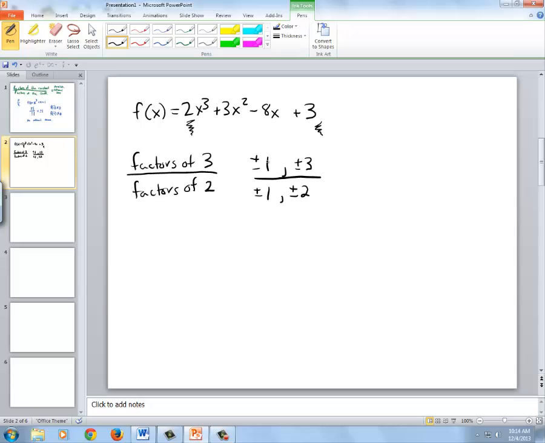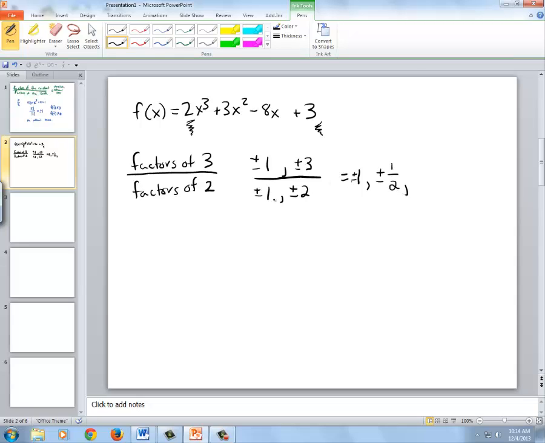So wouldn't that be 1 over 1 could be 1, is one possible 0. Negative 1 is the other possible 0, so I'll go ahead and put plus or minus 1. We now do 1 over 2 and negative 1 over 2, so we have plus or minus 1 half. What's another one?